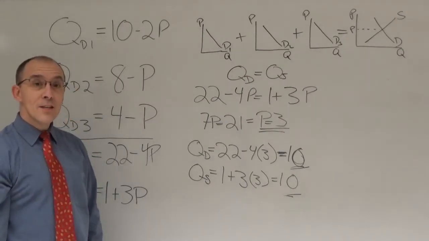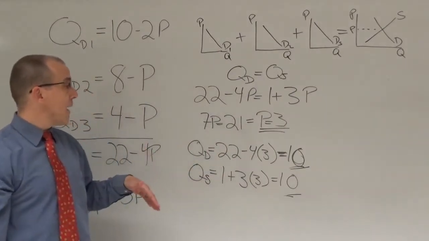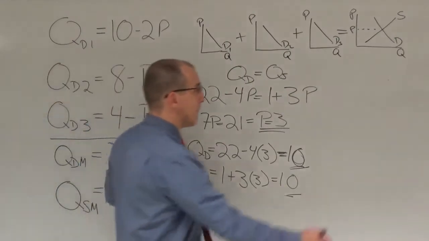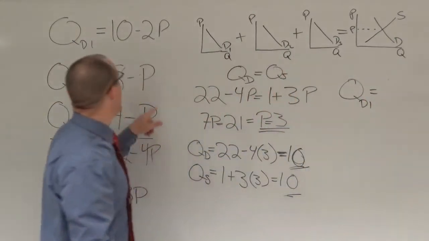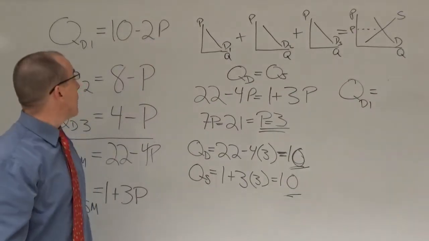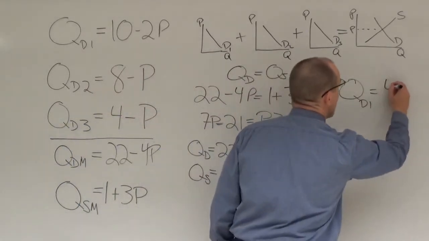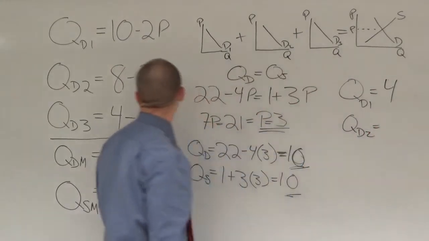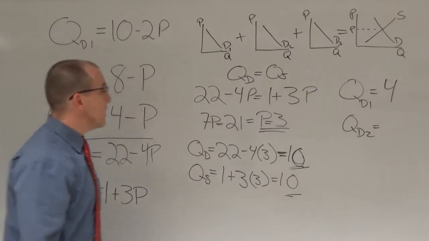Well, how much will each person purchase at this amount? We can now work backwards with our price of 3 and figure out what each person would want. Quantity demand from person 1: 3 times 2 is 6, 10 minus 6 is 4. Quantity demand for person number 2: 8 subtract 3 is 5.